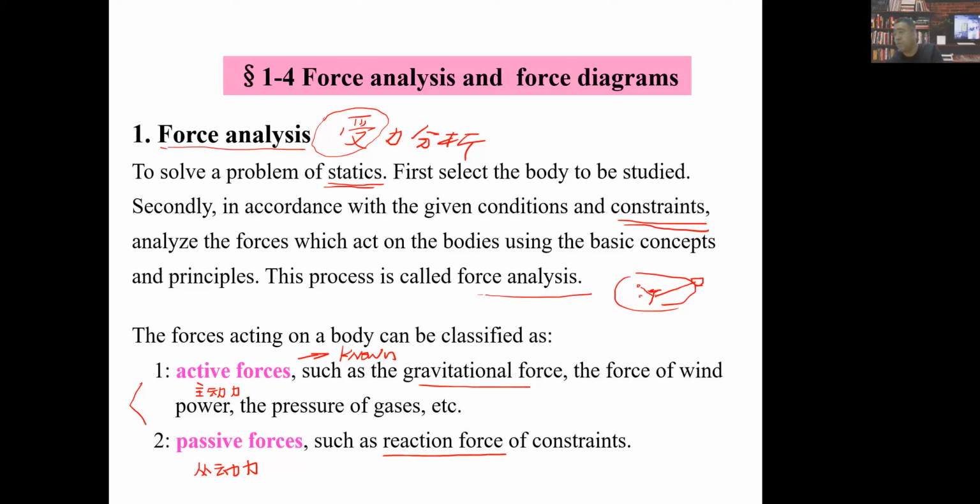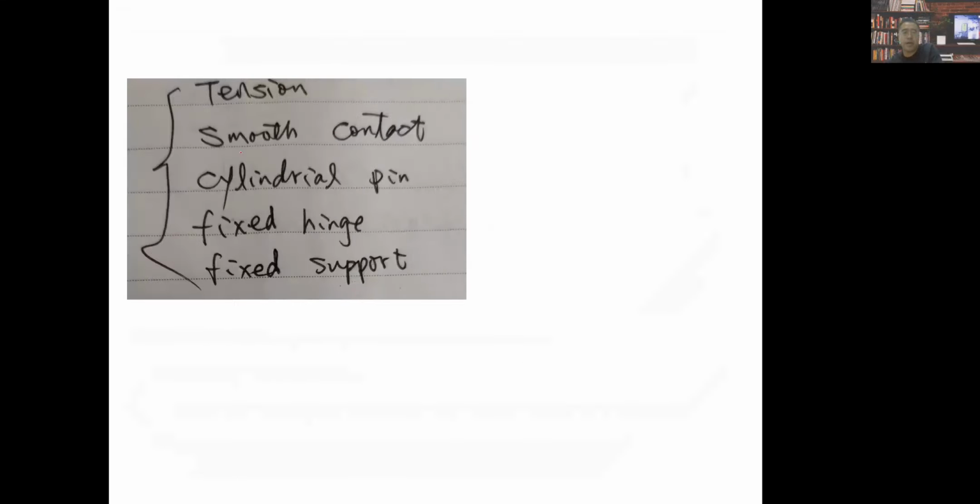So let us move to the next page. I read it on the paper. These 5 common types of constraints, I hope you guys can remember because they are very often used in our problems. So this one is the rope, or a string, or a strap.